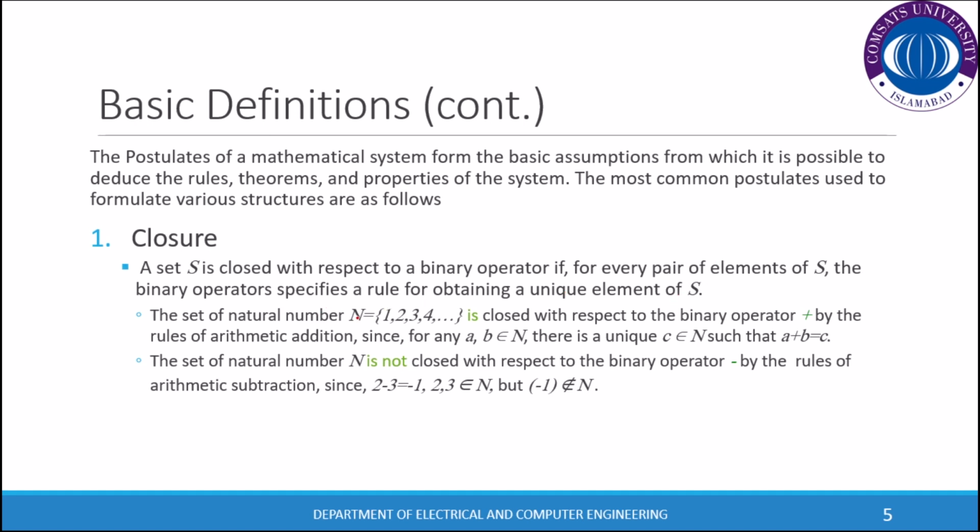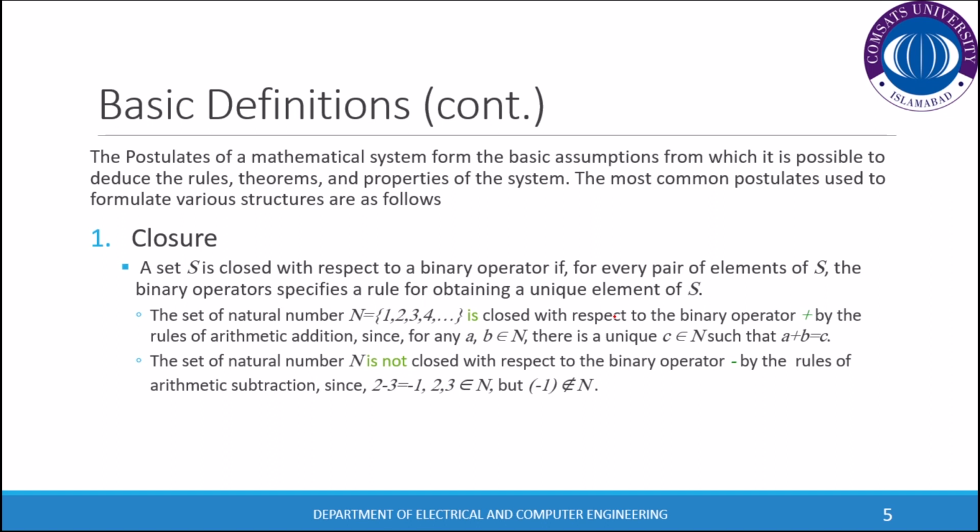For example, the set of natural numbers, which we know are 1, 2, 3, 4 and so on, is closed with respect to the binary operator plus, by the rules of arithmetical addition. Now, as I said before, in this chapter we are studying how to work on Boolean algebra and binary logic.